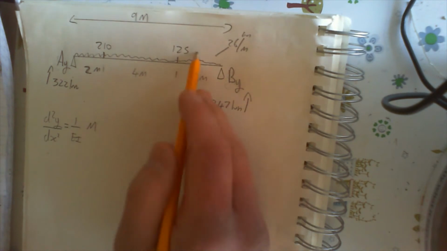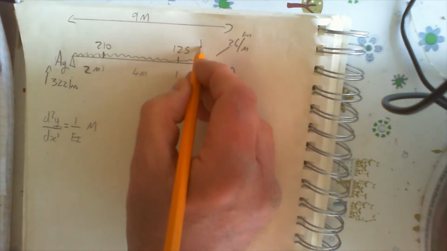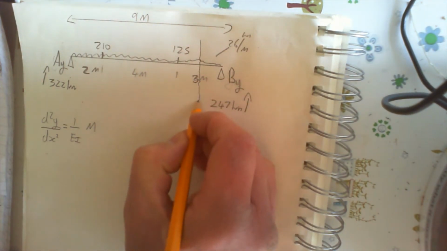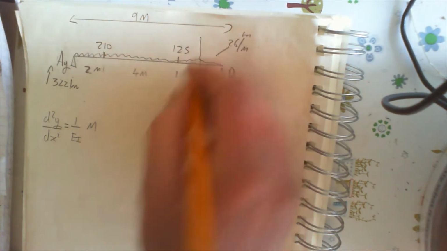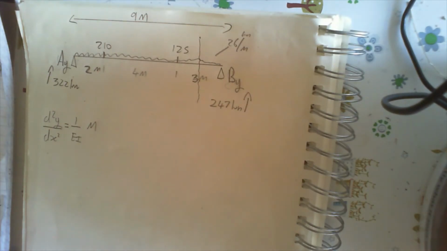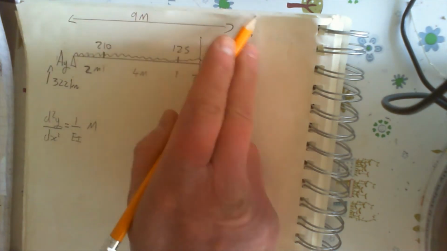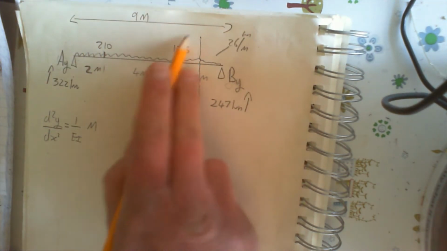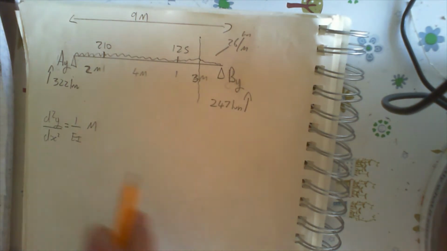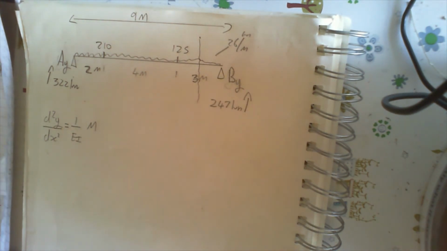Right, so what we do here is we take a point and we take a slice out of this, about there, and we take moments around this section and then we'll integrate it, and that'll give us a slope.